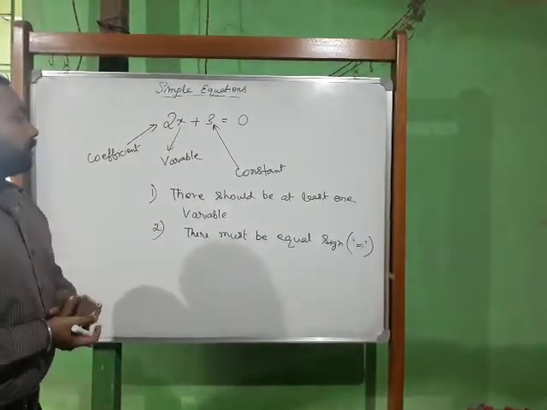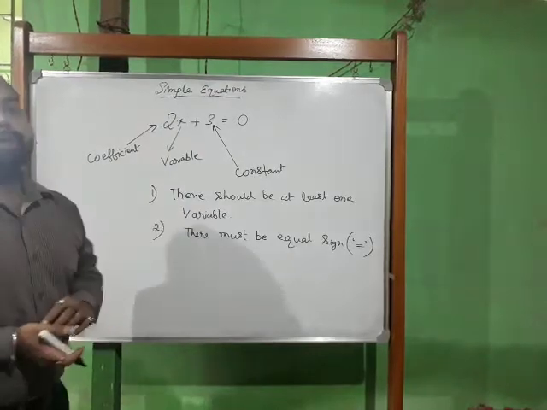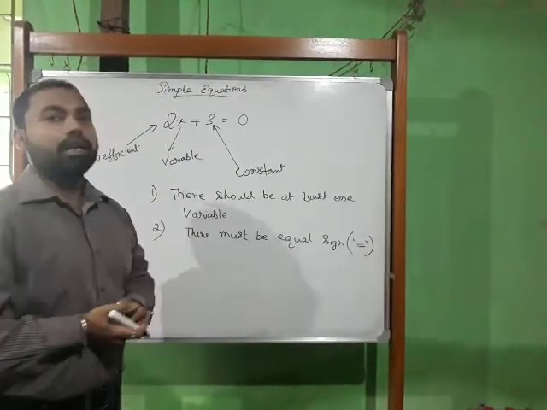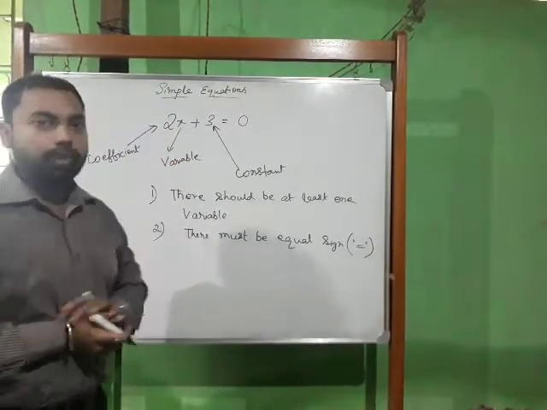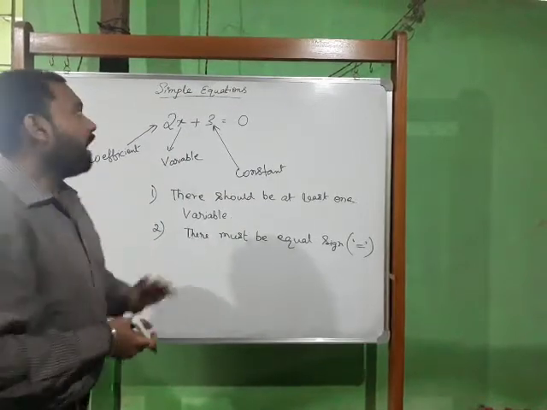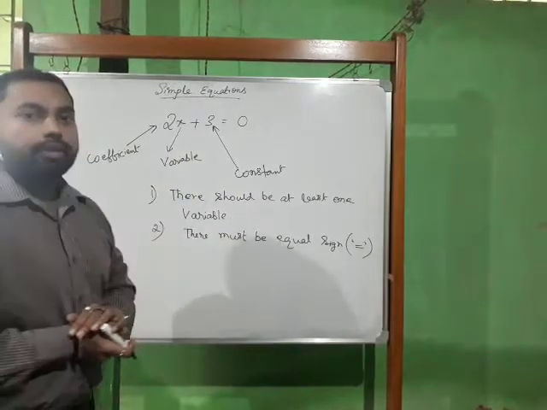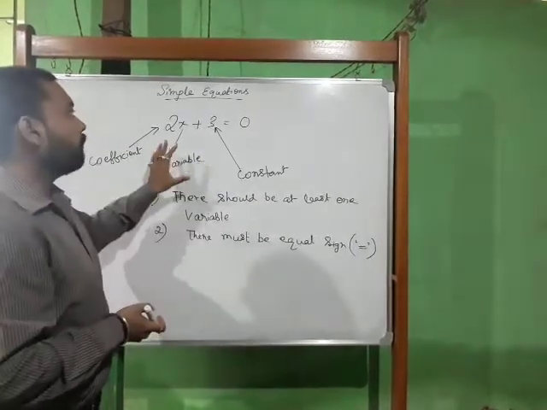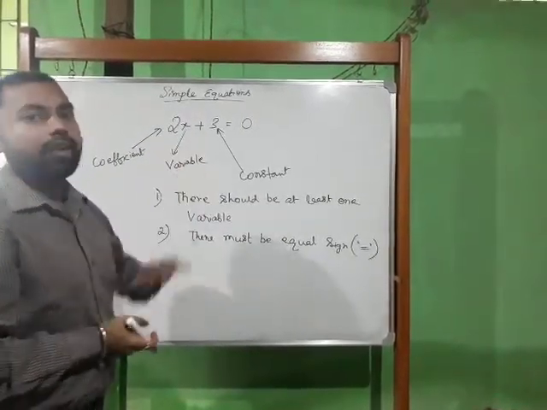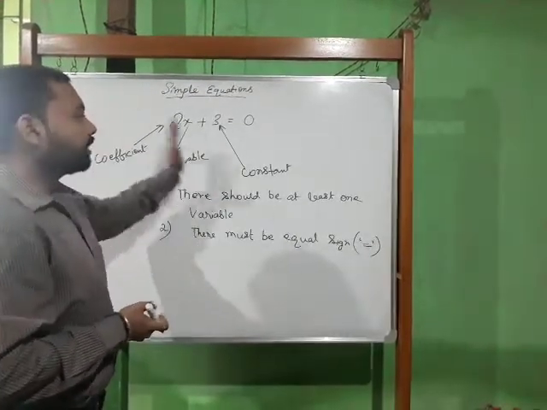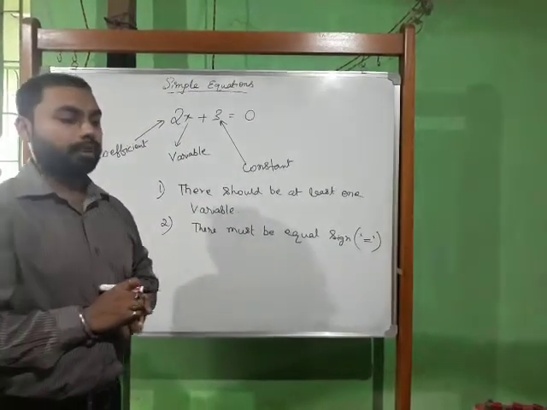Now in this chapter, basically we will learn how to form an equation. After forming an equation, how can you find the value of x, that is, the value of the variable? So basically these things we will learn in this chapter.